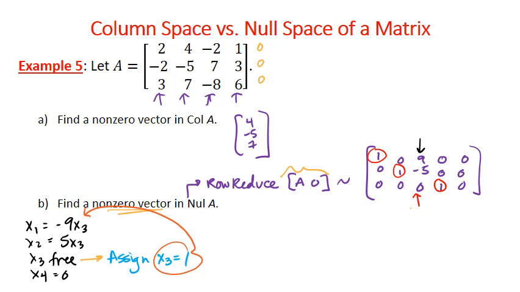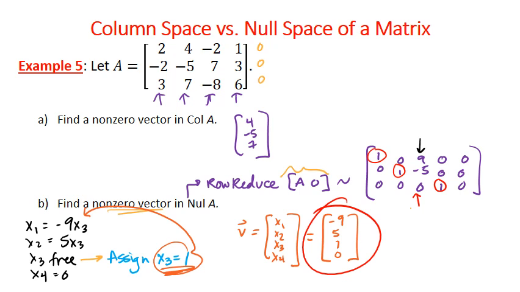So one example of a non-zero vector in this particular problem would be x1 equals negative 9, x2 equals 5, x3 equals 1, and x4 equals 0. So this is a non-zero vector in the null space of A. Moving right along.